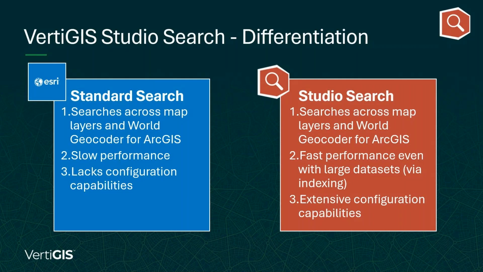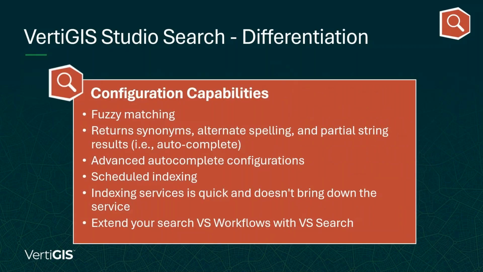But going back to the right here, Studio Search has extensive options. Just to dive into that briefly, Studio Search has fuzzy matching, and we'll talk about this in a minute. But it also is able to return synonyms. That's really important and increases the usability of your search bar as well as your applications in general.